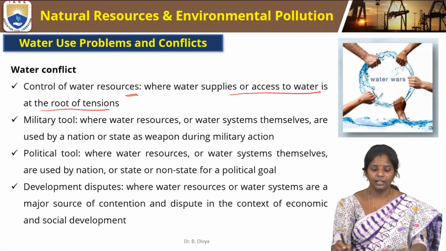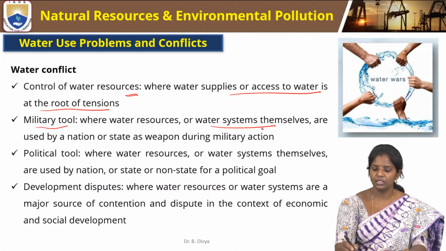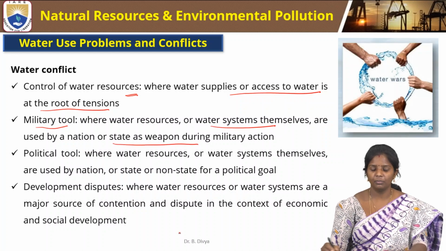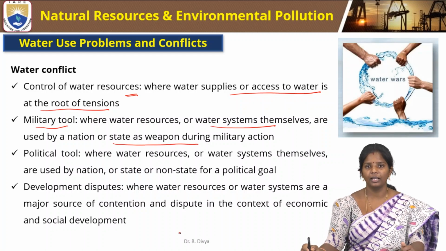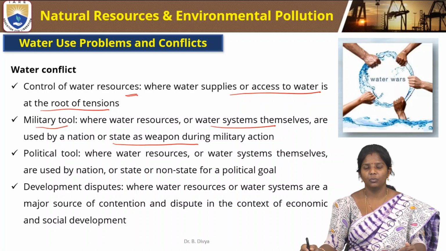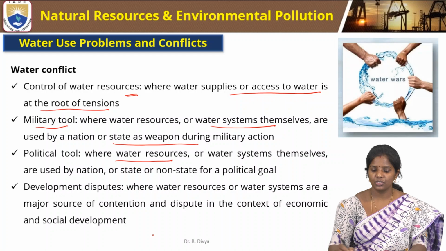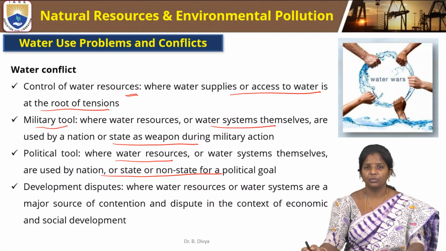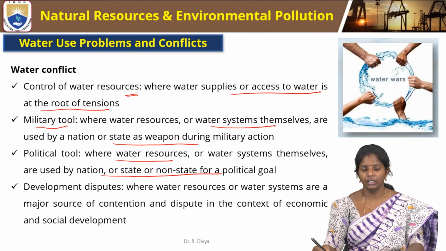It is also a military tool, wherein water resources or water systems themselves are used by nations or states as a weapon during military action. It is also a political tool, wherein water resources or systems are used by nations, states or non-state actors for political goals. For example, they promise that water will be pumped to a particular state. So this becomes a tool even in the political world.